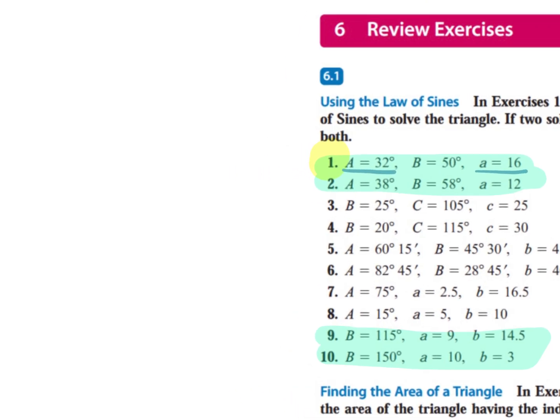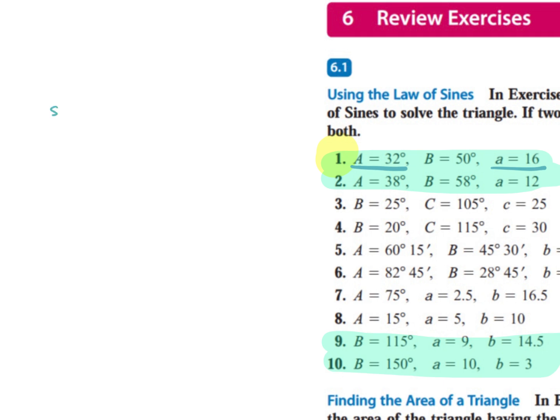So that tells us we're going to use law of sines. We can say sine of 32 over 16 is equal to sine of 50 over B, because B is the other side that we have to find first. So here we can cross multiply and divide.